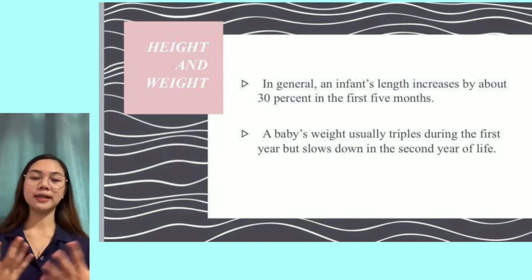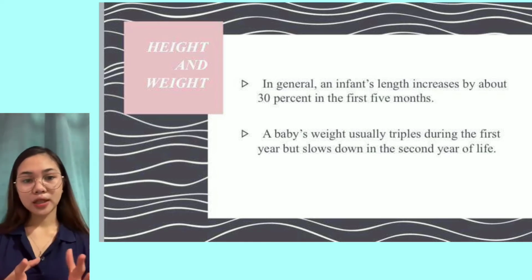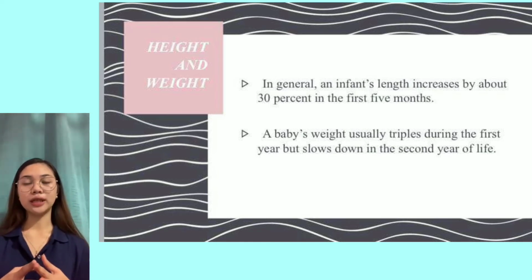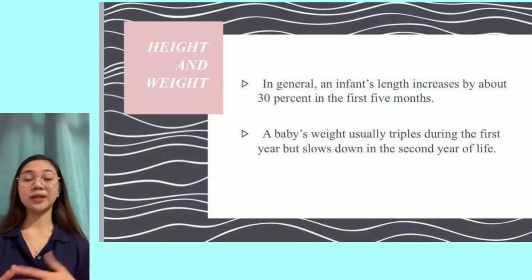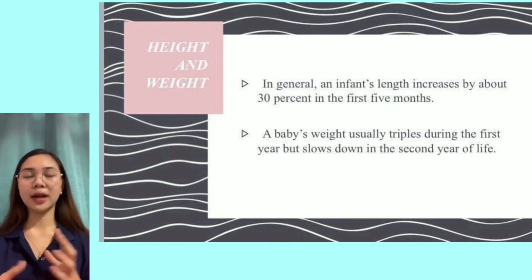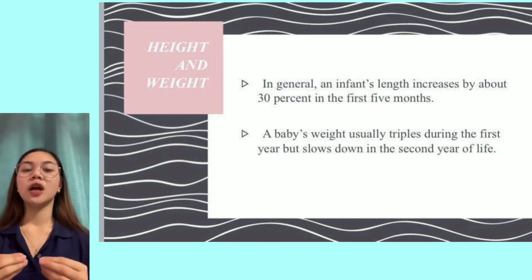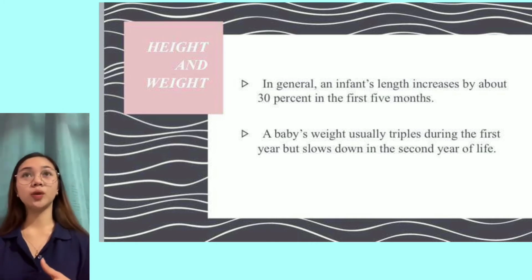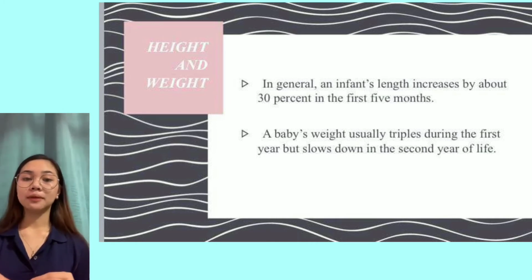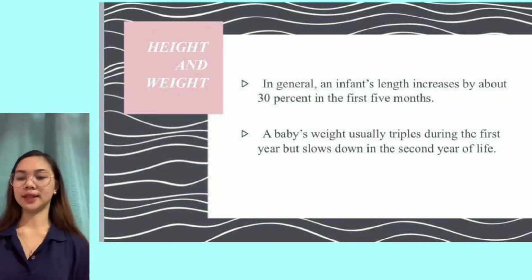And next, a baby's weight usually triples during the first year, but slows down in the second year of life. So in the first year after being born, the baby grows quickly. Then once the baby turns 1 year old, the growth starts to slow down.